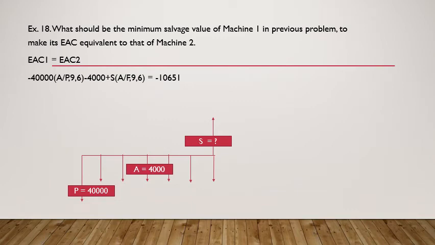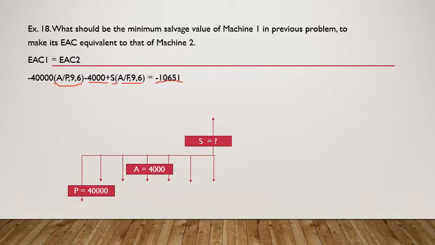Minus 40,000, which is P, convert that into A using the factor A by P comma 9 comma 6, 4,000, retain it as it is, and then S, which I don't know. Salvage value I don't know, but I know that it is F. Convert that into A using the factor A by F comma 9 comma 6, and I know that this left hand side must be equal to EAC of 2, which is 10,651, which I have already obtained from the previous slide.